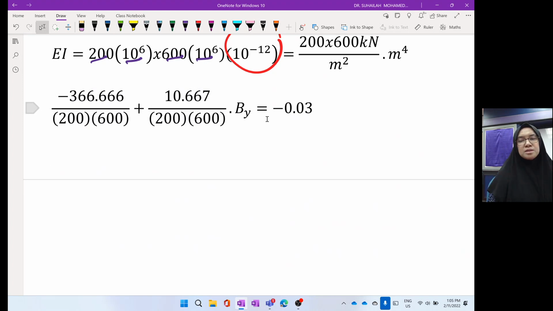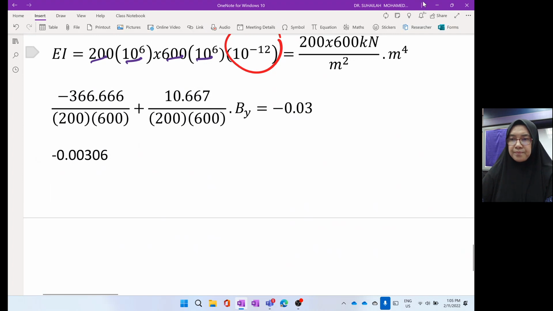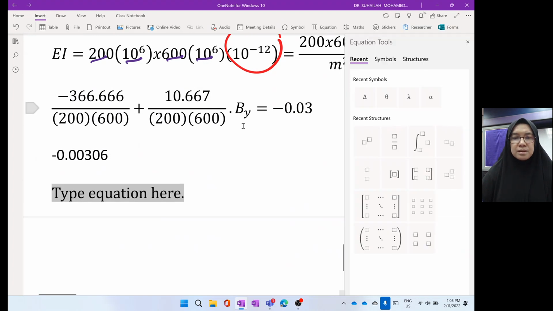Berbeza kat situ je pun. So dia akan dapat new BY lah. So we get new BY. This is negative 0.00306. Kamu tak? Please check.